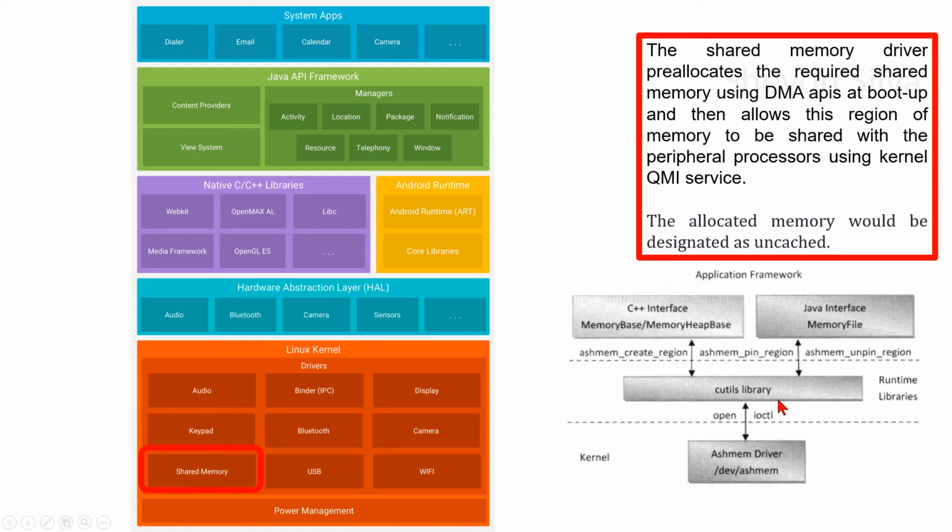In addition, CUtils mainly provides three functions: ashmem_create_region, ashmem_pin_region, and ashmem_unpin_region.